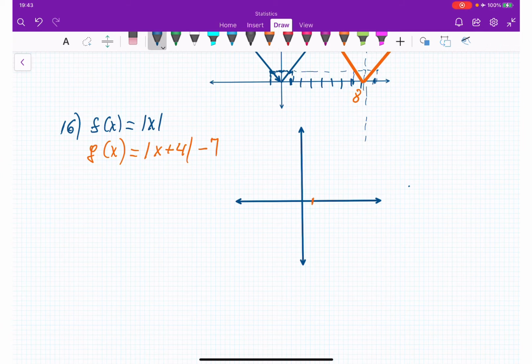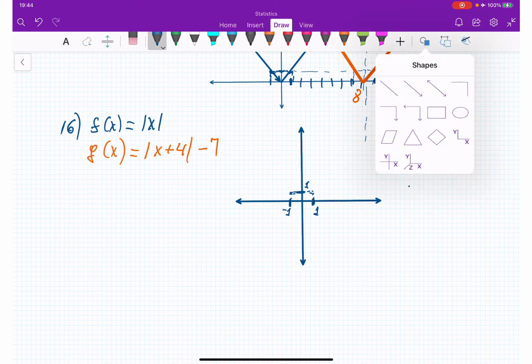Then y, if x is equal 1, then absolute value of 1 is going to be 1, which is y is going to be 1. If x is equal negative 1, still y is going to be positive 1. Therefore, this is 1, this is negative 1, this is positive y. Absolute value always going to be 1.